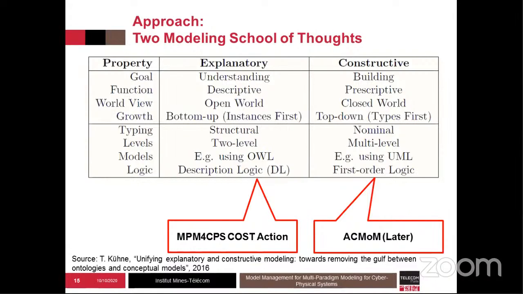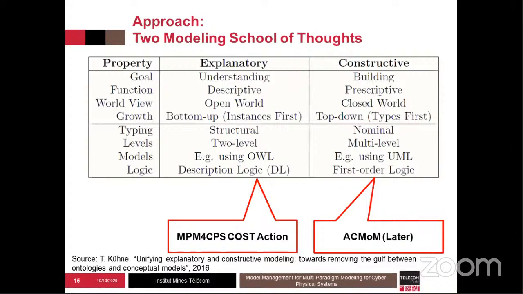In this case, you're more into building a solution for a problem. You're in prescriptive mode, and the most important thing is that it's a closed world assumption, because you already know the types for your domain, and you build a language that develops that.